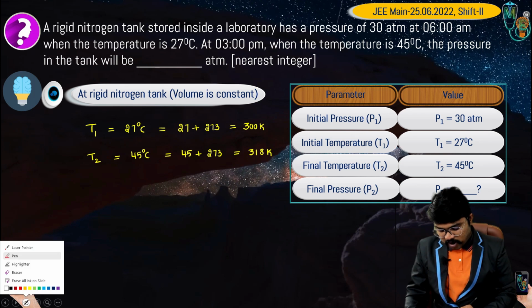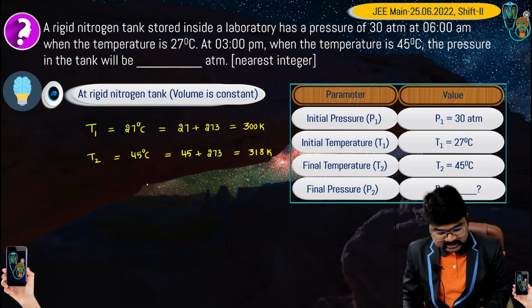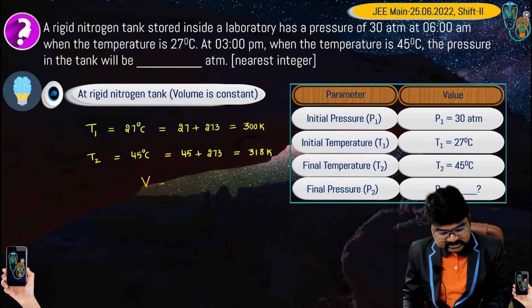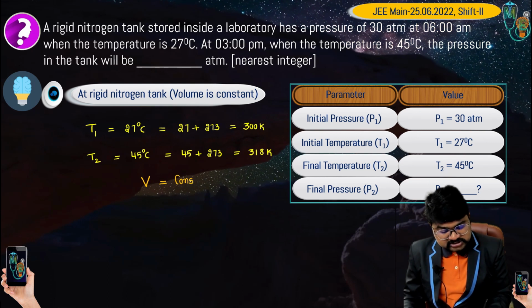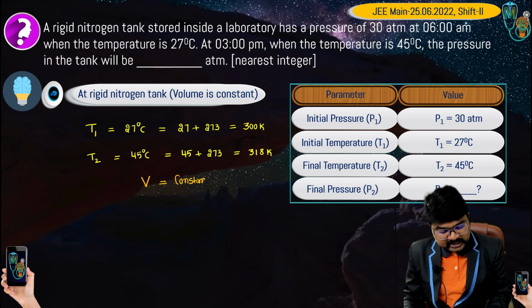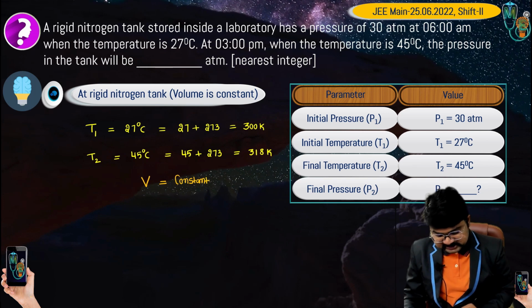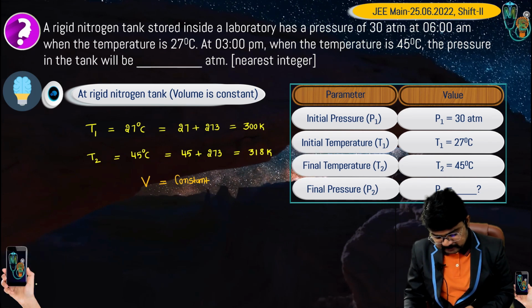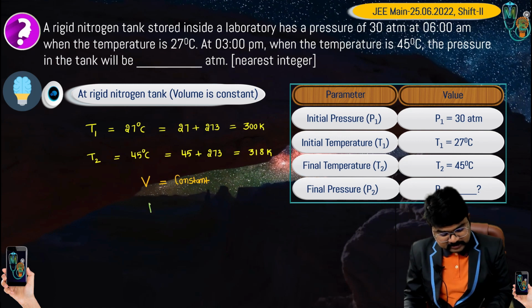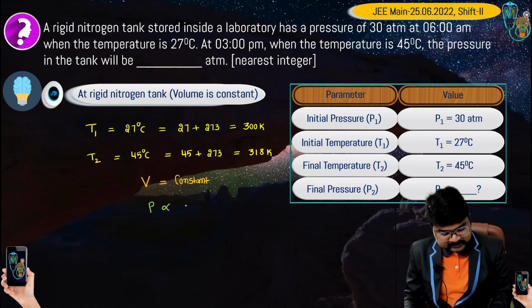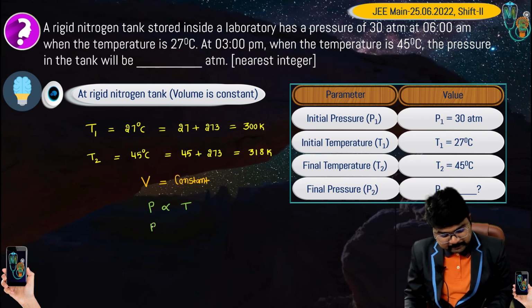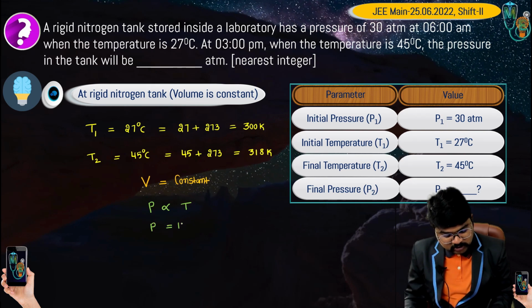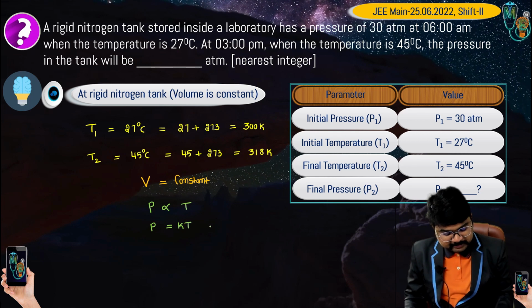So if volume is constant, then pressure is directly proportional to temperature. Then P equal to some constant into temperature.